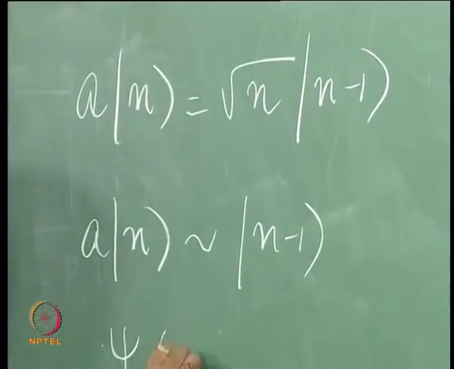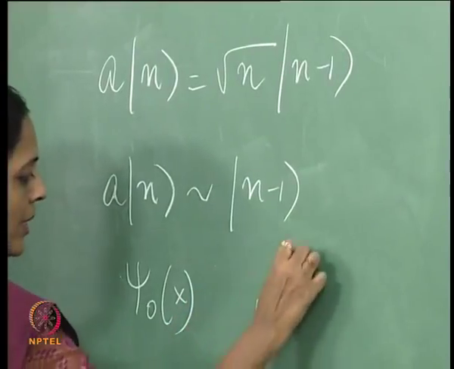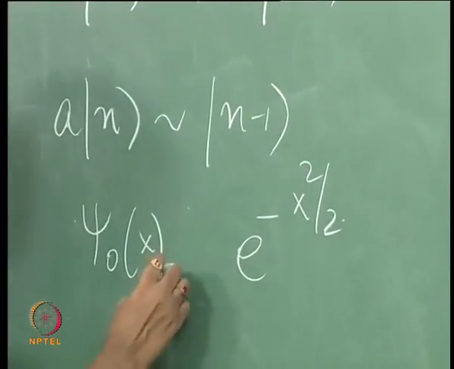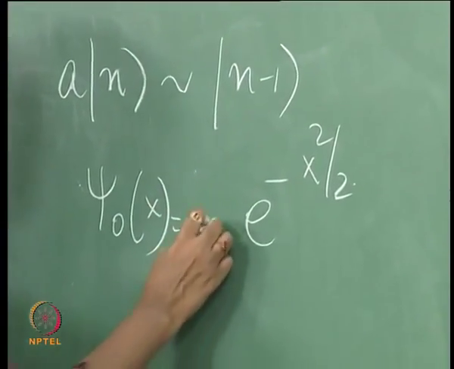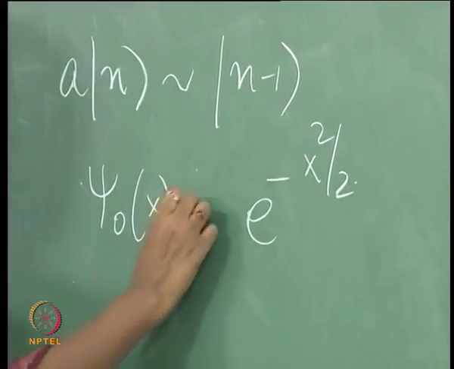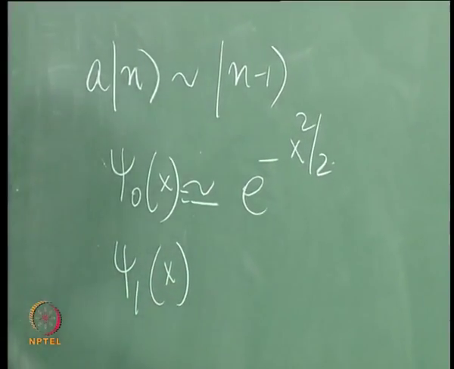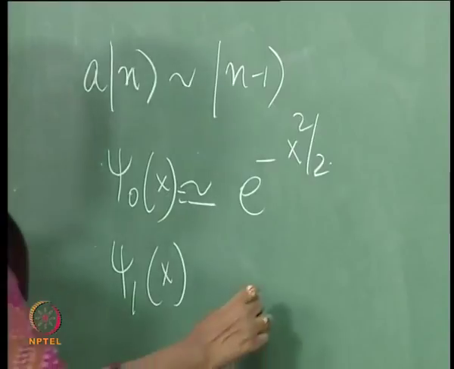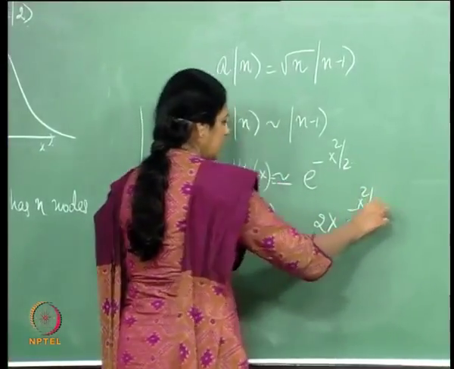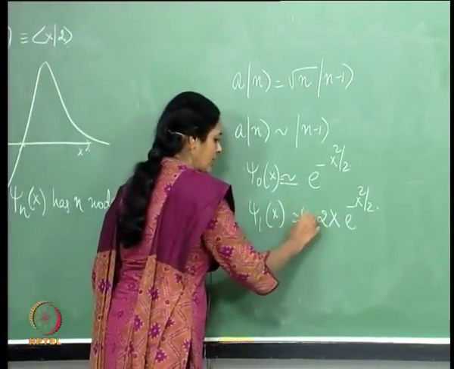I know that psi 0 of x, that corresponds to ket 0, is e to the minus x squared by 2. It is a Gaussian, and then there is a normalization which I will forget for the moment. Then psi 1 of x is the Hermite polynomial H1 of x, which is 2x e to the minus x squared by 2, again apart from normalizations.